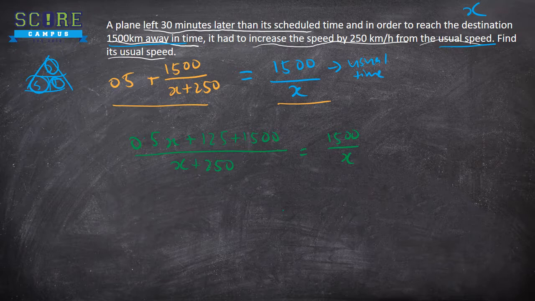Simplifying it a bit more, I would get 1625 plus 0.5x over x plus 250 equals 1500 over x. And then you cross multiply: 1625x plus 0.5x squared equals 1500x plus 375000. Cool.